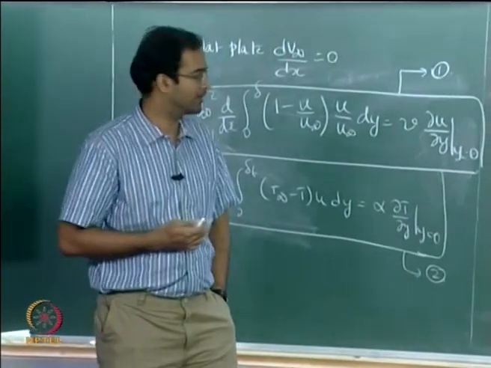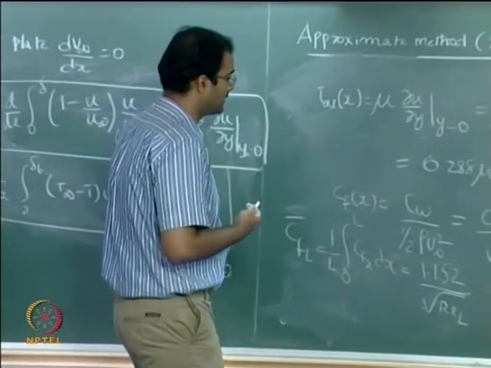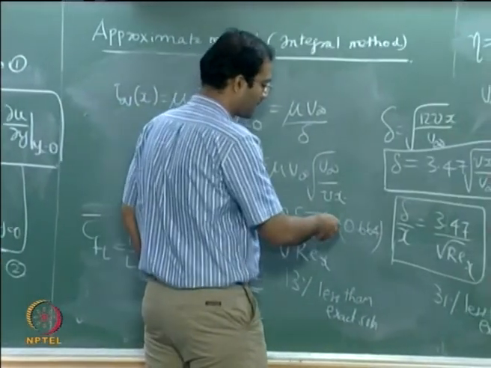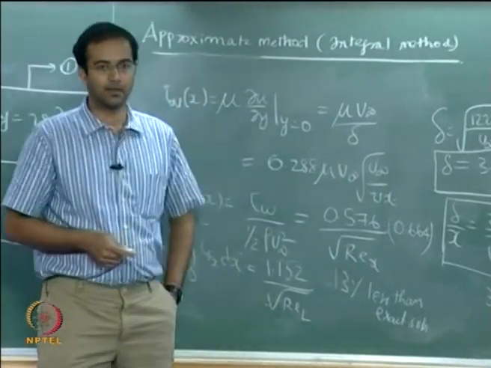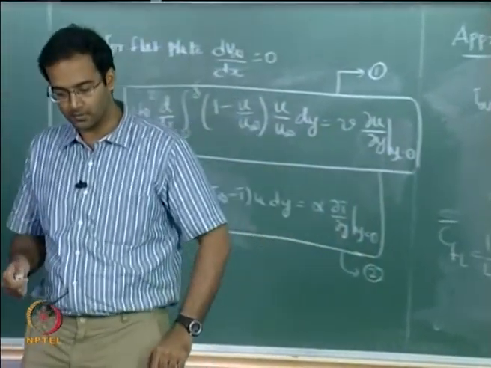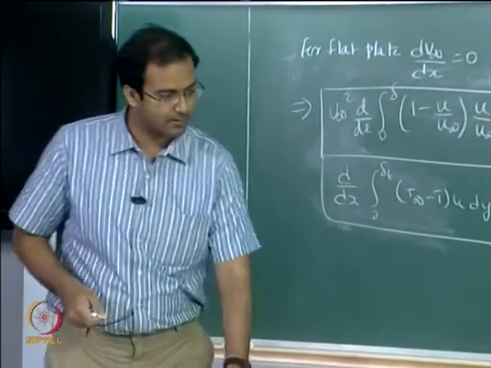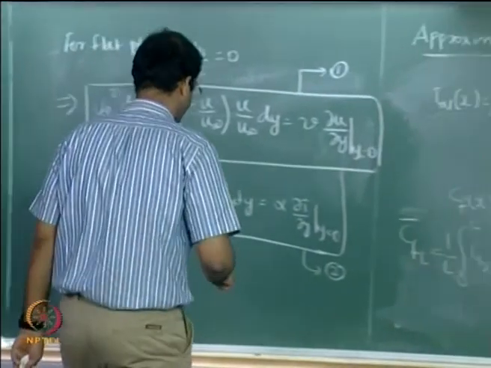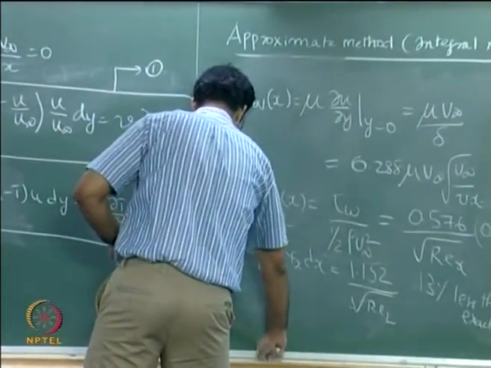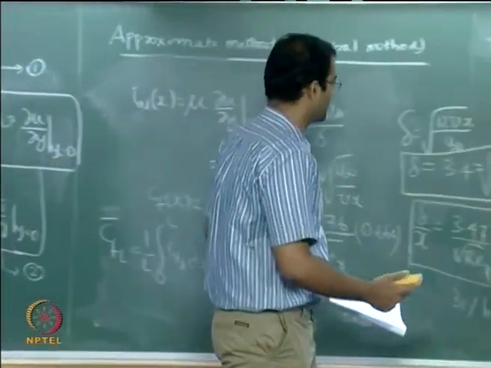In fact if you use a better profile, you will be amazed to find that the agreement will be even better. Just to give an example, if you go from a linear profile to a cubic profile, which I will just show you and stop there.